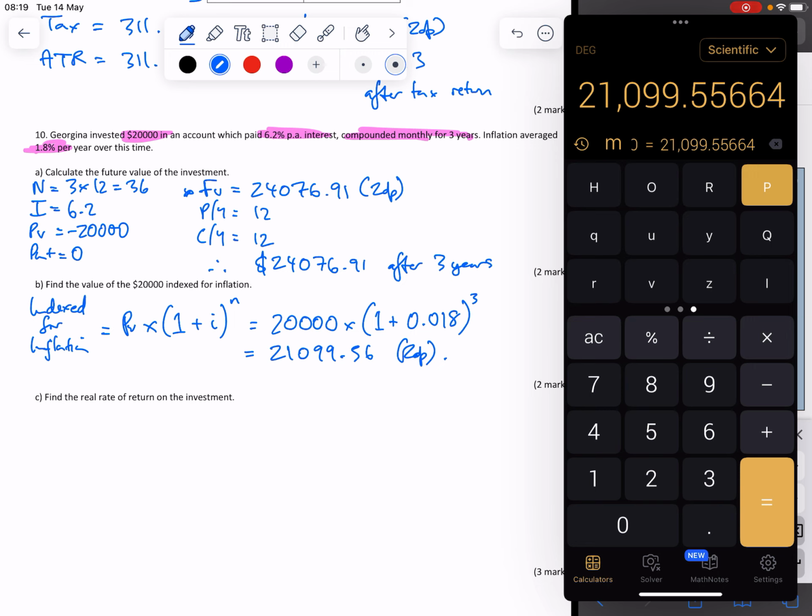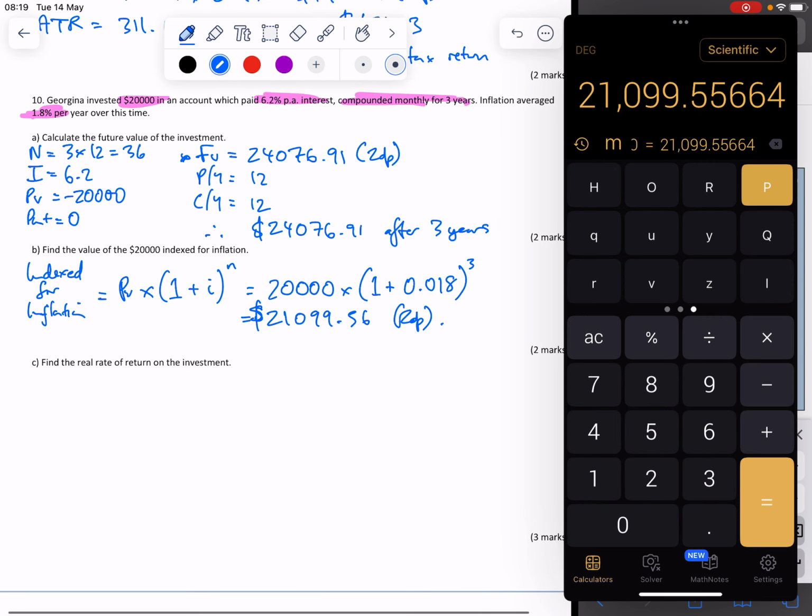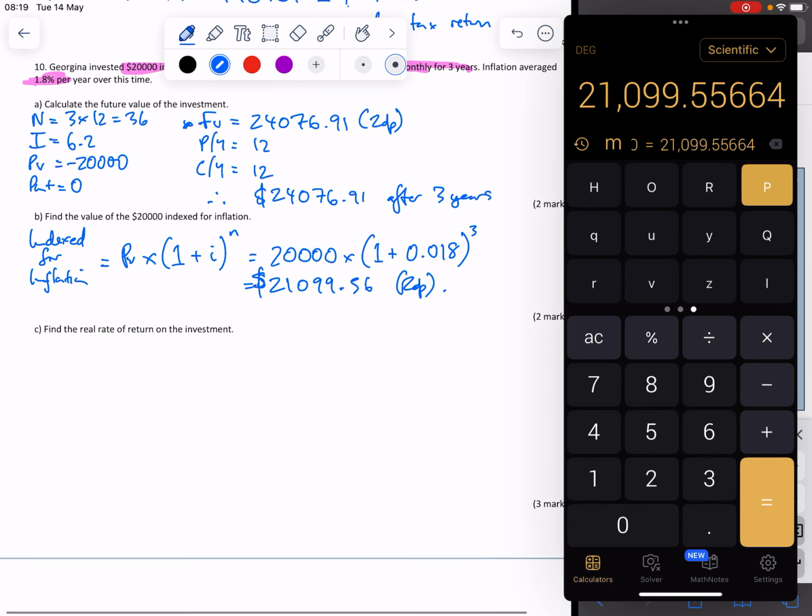Find the real rate of return on the investment. So if you got the steps from the lesson, N is the number of years, which is 3. I is what you're solving for. PV is the indexed amount for inflation as a negative, which we got as 21,099.56. PMT is nothing. FV is what the investment grew to, which we worked out in part A, which was 24,076.91.